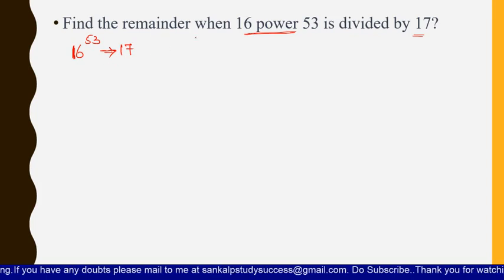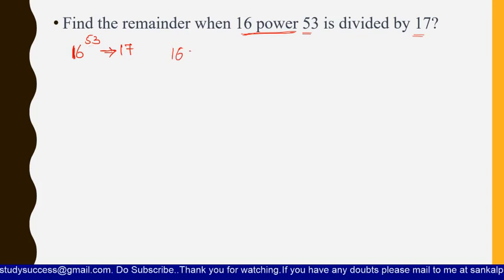Whenever they ask a number to the power of another number, that means if large numbers are present in the powers, then the most basic thing you need to do first is reduce to the least residue. That means, this is the power of 16, right?